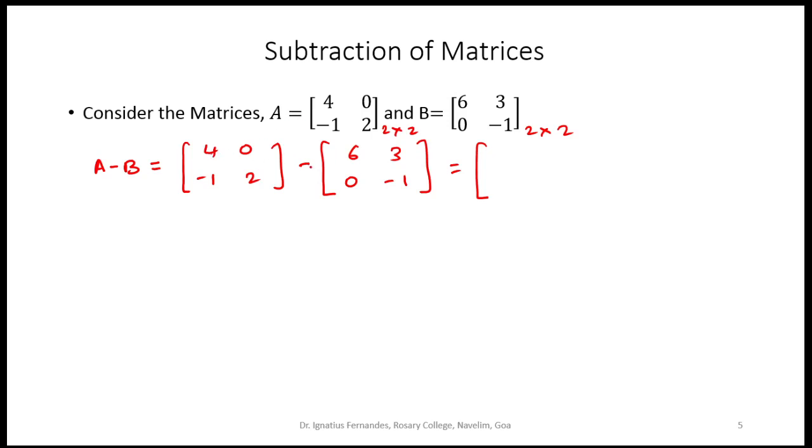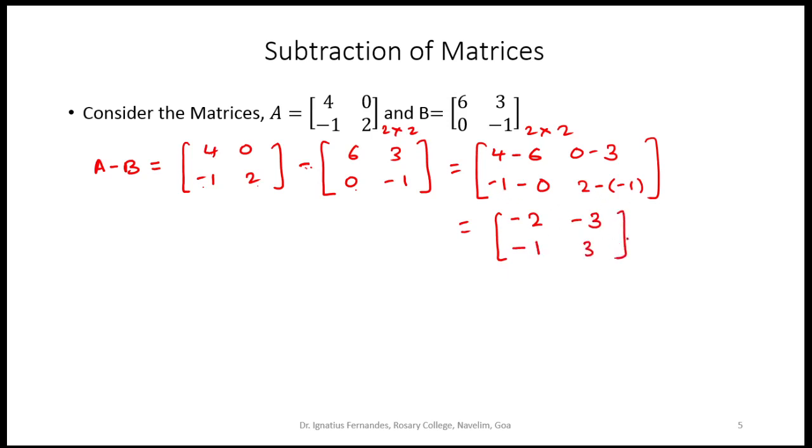So it will be 4 minus 6, then 0 minus 3, minus 1 minus 0, and 2 minus minus 1. Okay, so what will happen is you will get this matrix: 4 minus 6 is minus 2, here minus 3, minus 1, and 2 plus 1, 3.